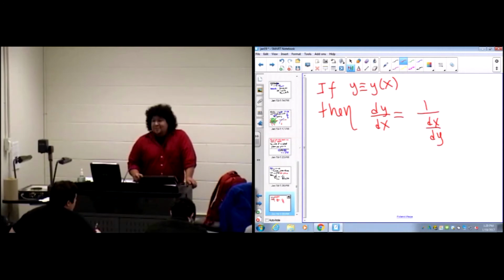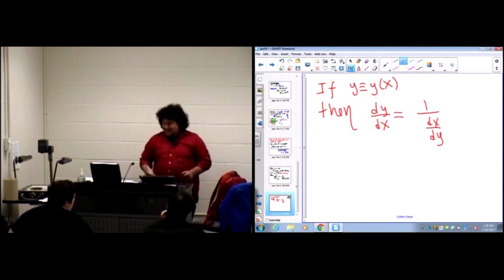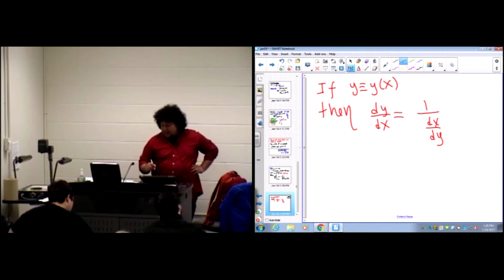I hope your head is spinning right now, because you could say, that makes sense. If dx and dy were two numbers, you could just think of dy/dx as a fraction and dx/dy as a fraction. They're not fractions. They're derivatives, which are limits, rates of change. But this is an application of that previous theorem.